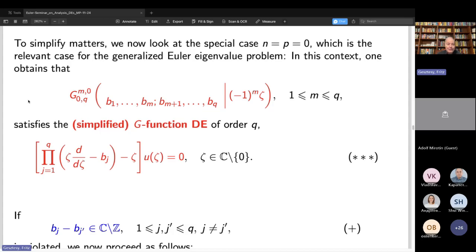Now, if you make this assumption that p and n are equal to 0, then the G function differential equation simplifies considerably, and you get what I like to call 3 star, and I will have to refer to this at least 2 more times. And so this is now a simplified Meyer's G function differential equation.